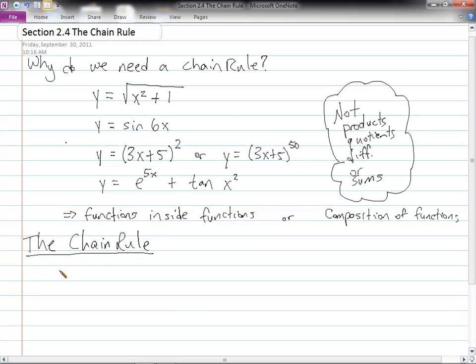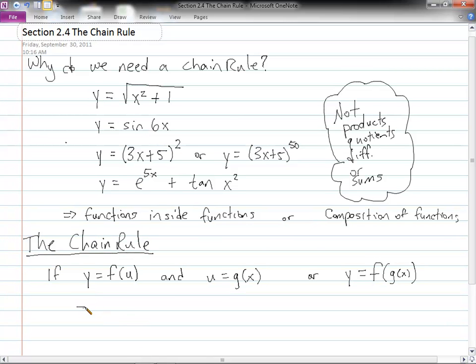Okay? And here it is simply stated. If, say you have y is equal to some function, and I'm going to call it a function f of u, and then u is some function of another variable of x, okay? Or another way of thinking of this is y is equal to some function of another function of x, f of g of x.